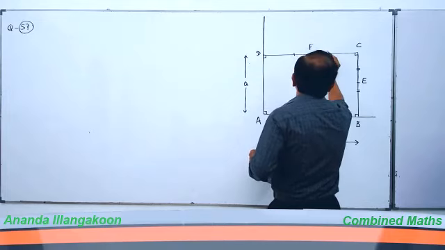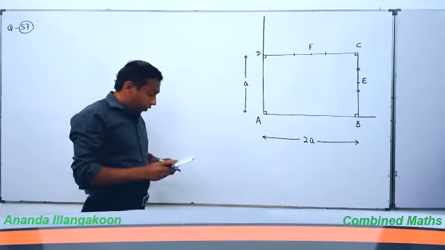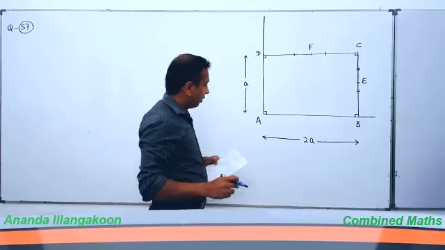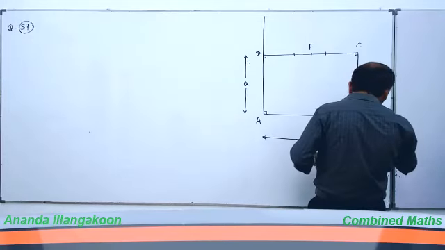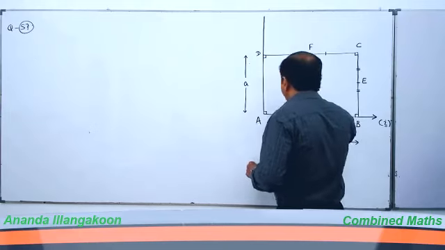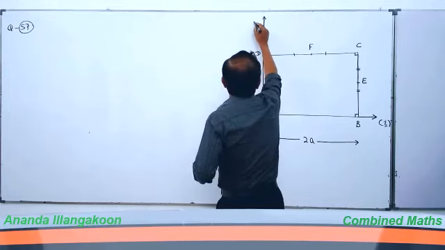This length and this length are equal. The unit vectors along AB and AD are i and j. Along this AB direction, unit vector i, AD direction, unit vector j.